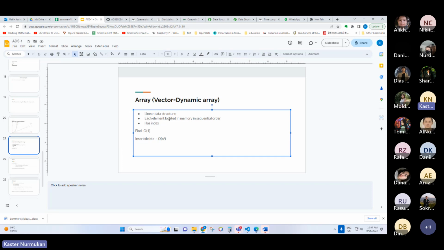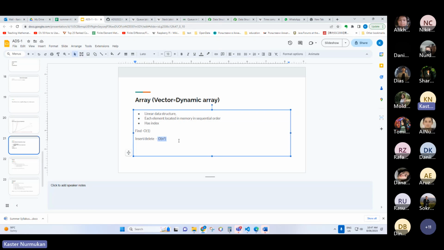The elements of an array are located in memory in sequential order. That's the reason we can access by index, and find any element in fixed time. But insert and delete will spend linear time. So that's the problem.